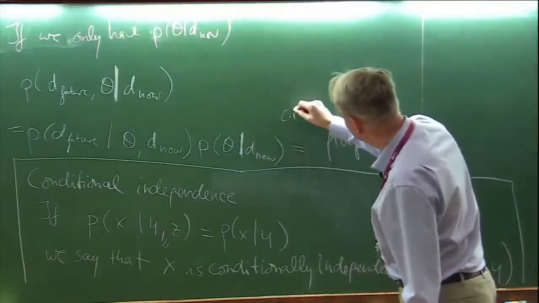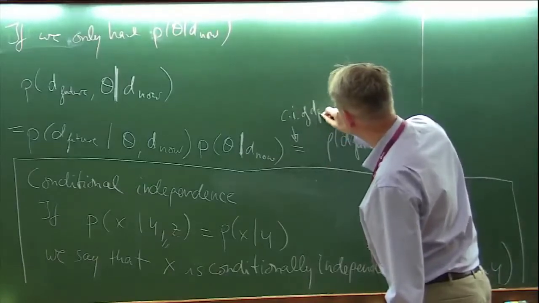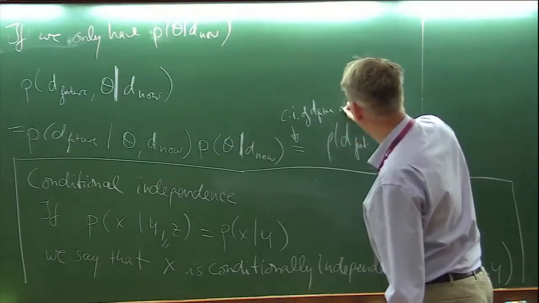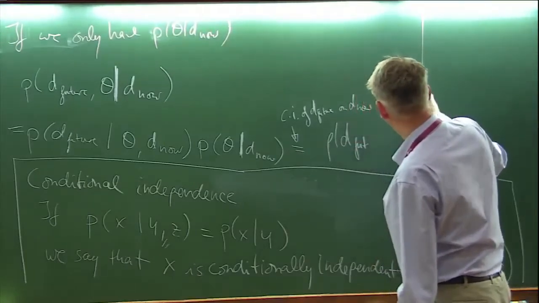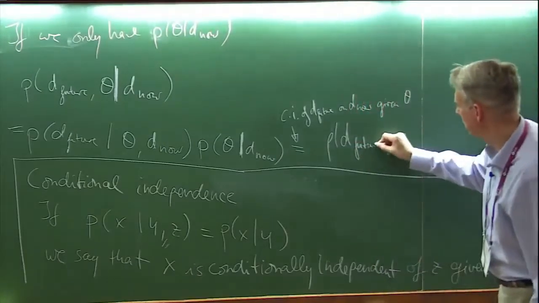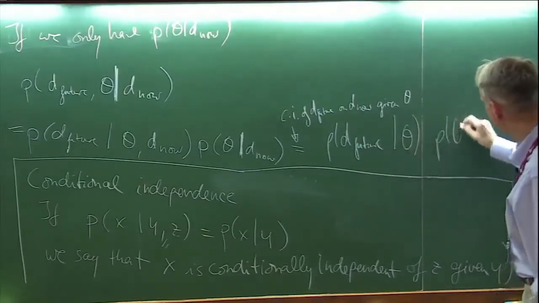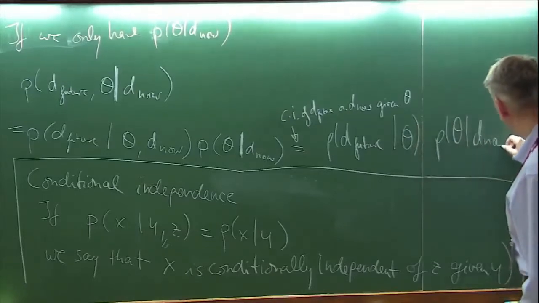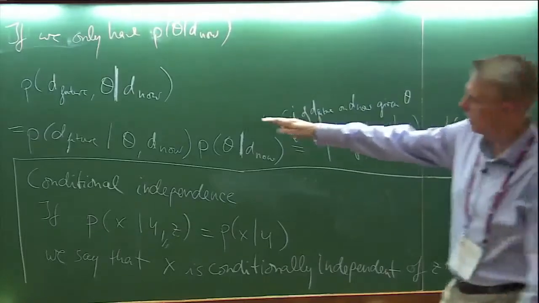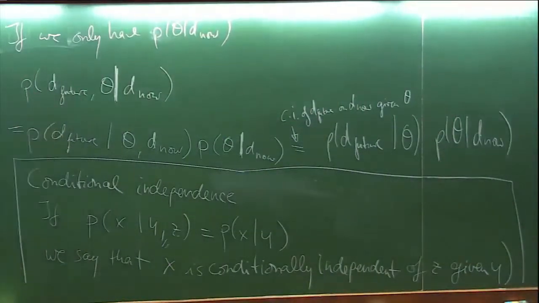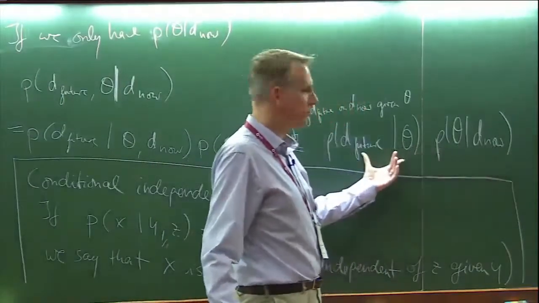So this is assuming conditional independence of d future on d now given theta, then P of d future becomes P of d future given theta times P of theta given d now. So this joint PDF of the future data is actually the product of your current posterior times the future likelihood.